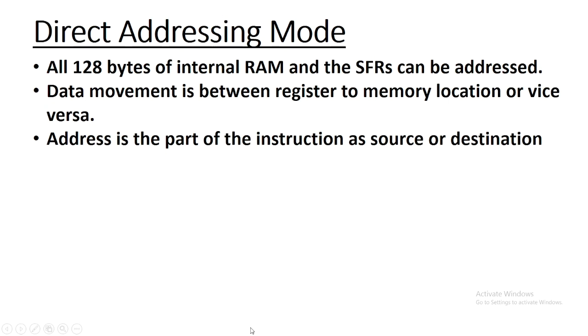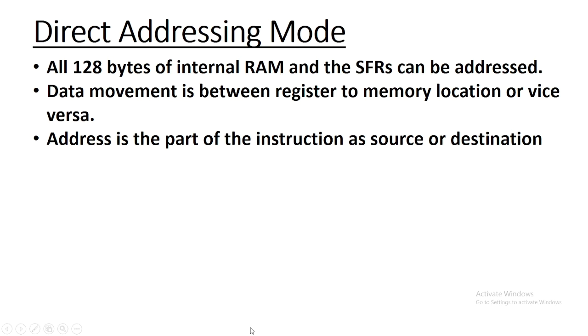Direct addressing mode. In direct addressing mode, one of the operands of an 8051 instruction is a memory location, and for that memory location the address is directly specified in the instruction.